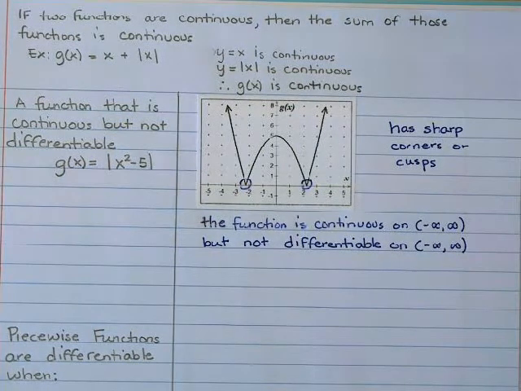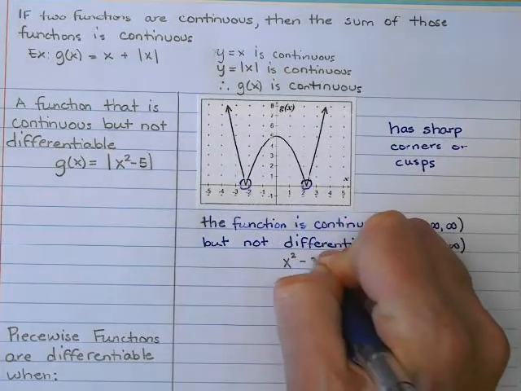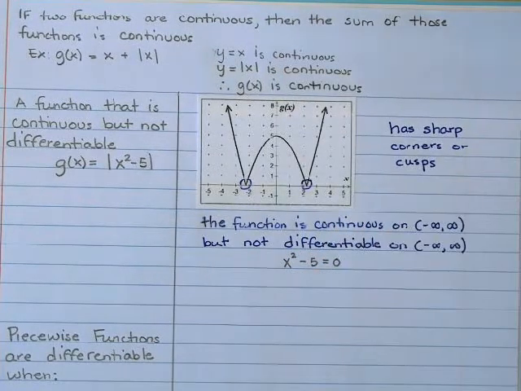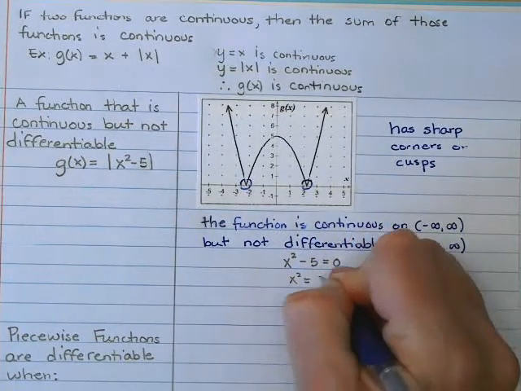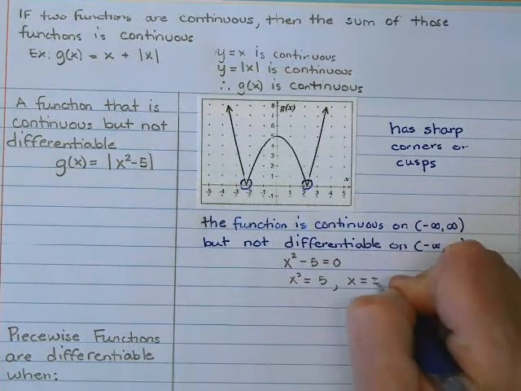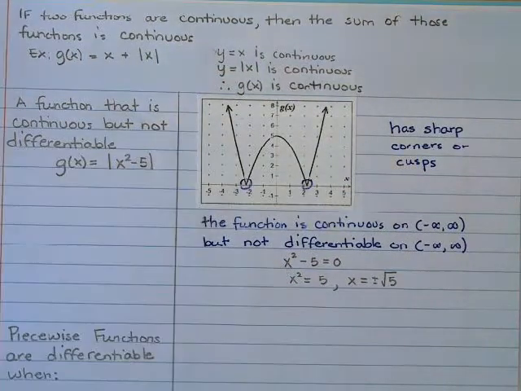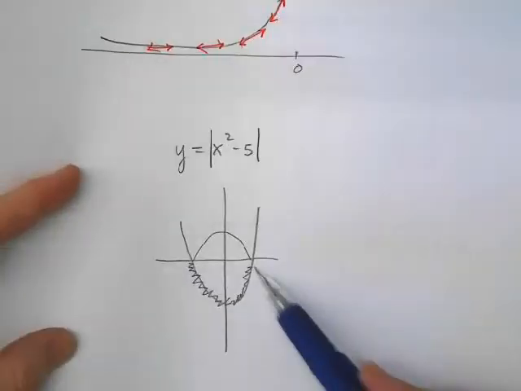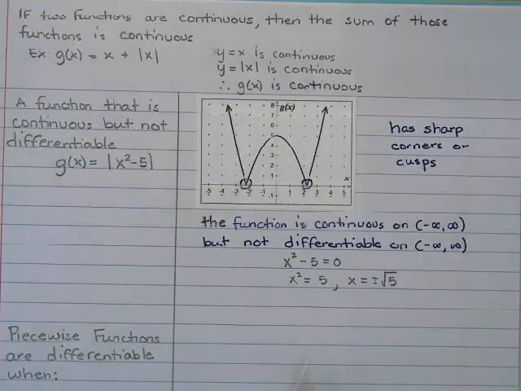And what's happening right there is the function's equal to 0. So let's figure out when x squared minus 5 is going to equal 0. Well, when x squared is 5, or x is plus or minus square root of 5. And notice I don't have to use the absolute value bars, because remember on our original, that's the same as it was without absolute value bars.